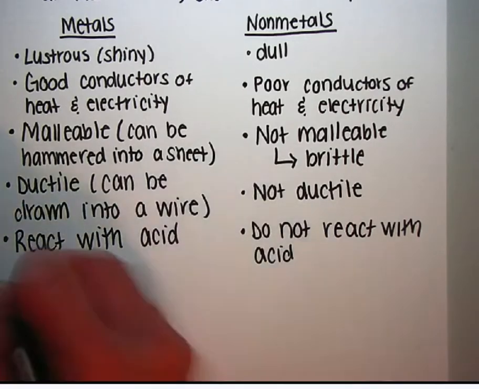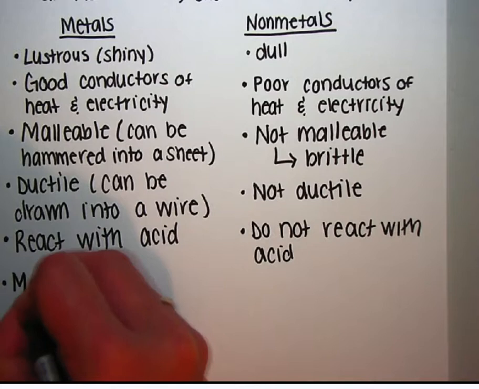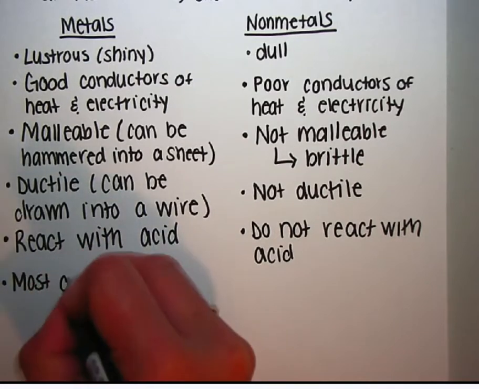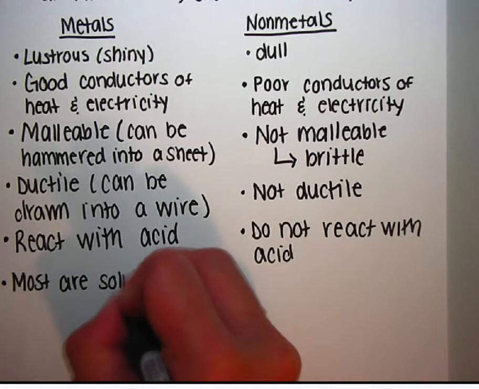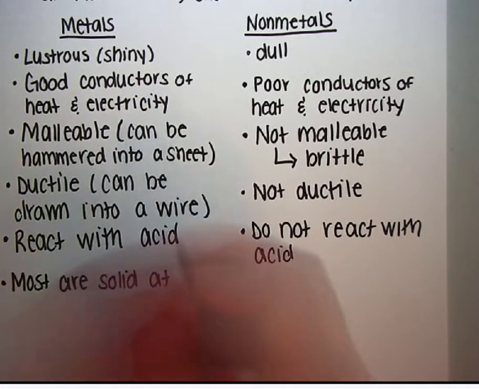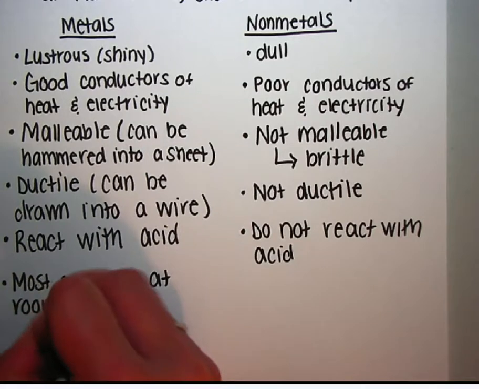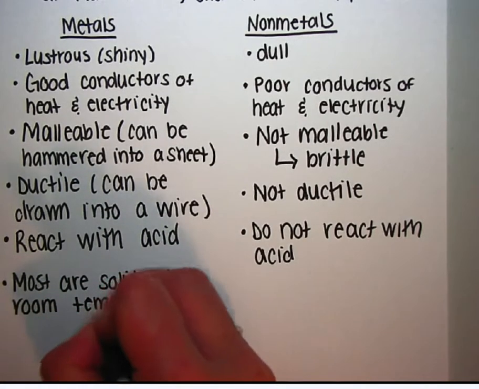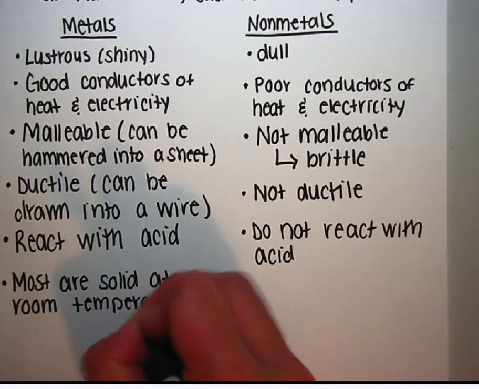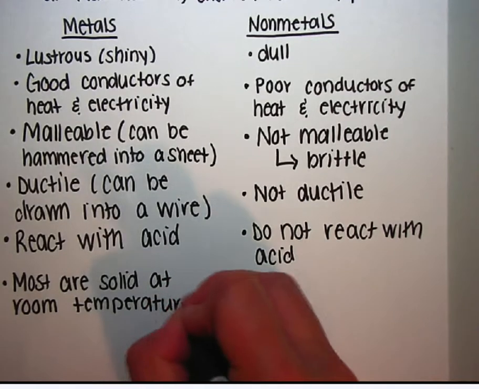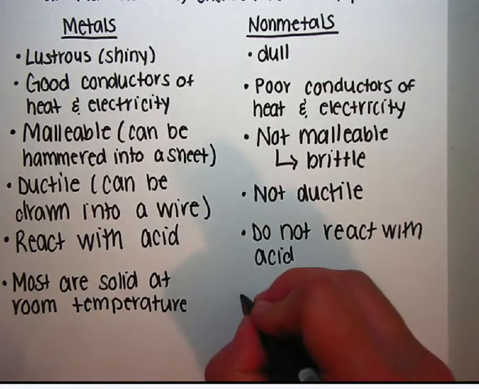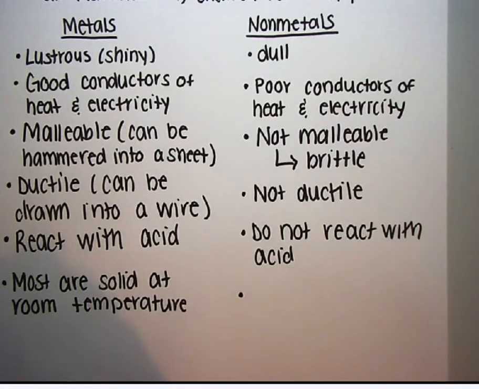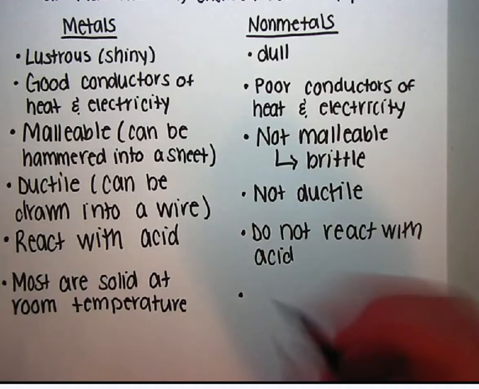Lastly, most metals are solid at room temperature. And again, that's one we should be familiar with. Think about the metals that you're familiar with, the metals that you may have in your home. Most are going to be solids at room temperature. Things are a little bit trickier with our nonmetals.